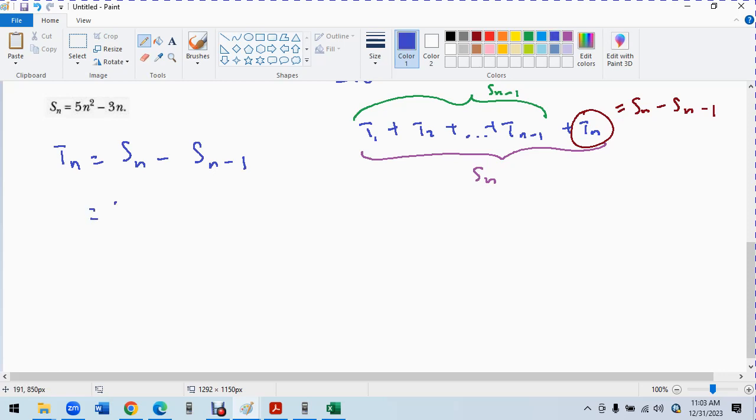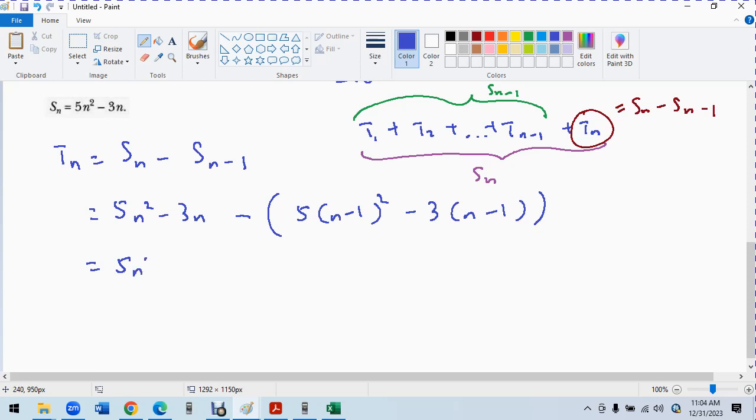So Sn is 5n squared minus 3n. Sn minus 1 is 5 times (n minus 1) squared minus 3 times (n minus 1). Then we have 5n squared minus 3n minus 5 times (n squared minus 2n plus 1) minus 3n plus 3.